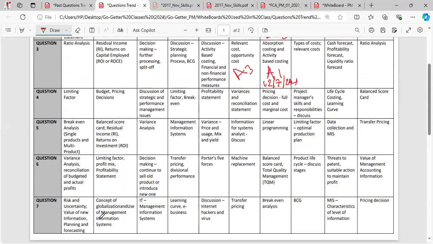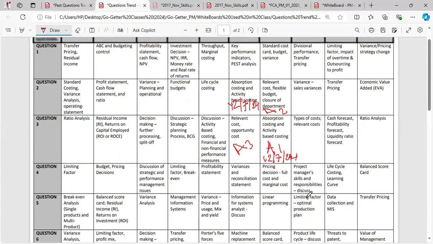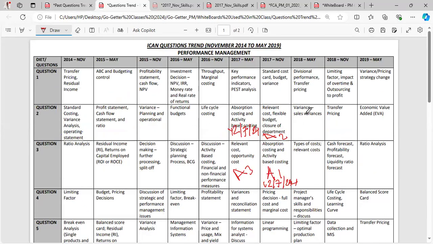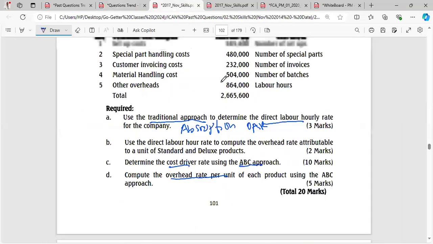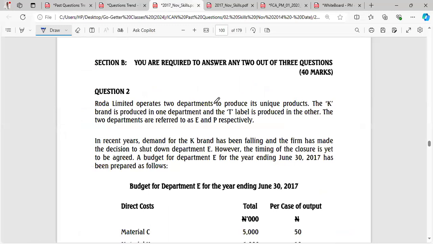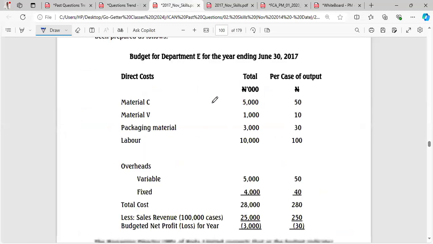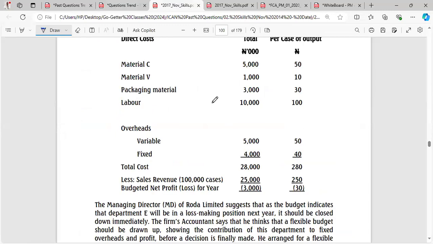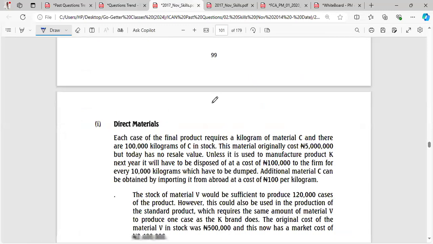So these are the questions I want you to do as your assignment for me. Please don't be like the last time when only one person submitted his assignment. I want to see how you attempt it, so that when we come to the class next time, we'll do the correction and move on.